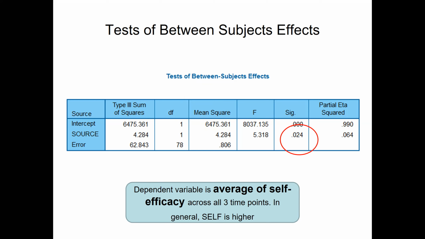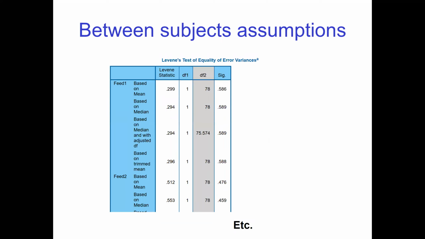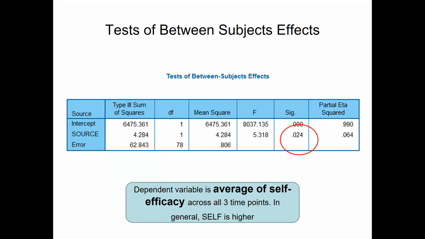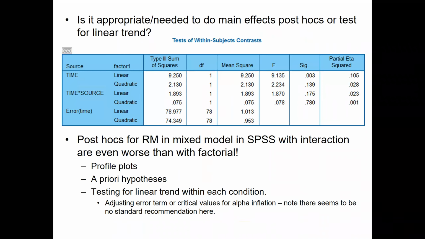So regardless of time, self-efficacy is higher for self-feedback. And back to our within effect, there's always change over time. Consistently change over time, consistently difference between groups. Two main effects.